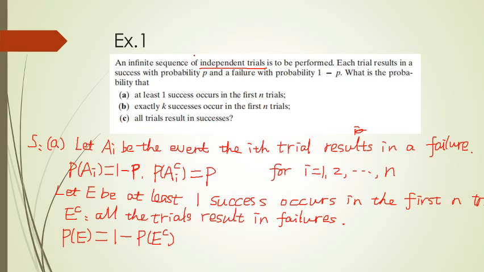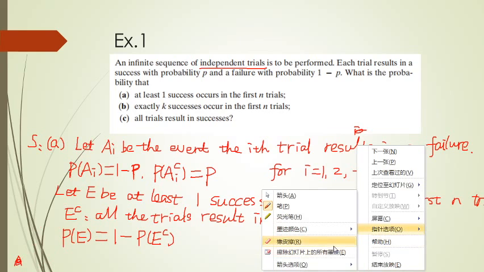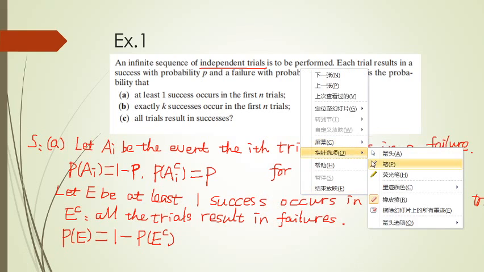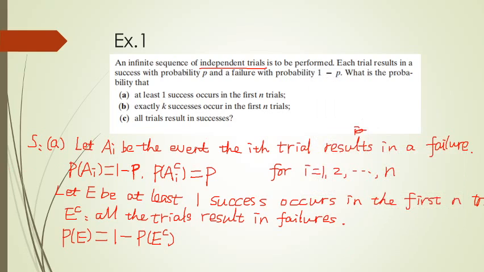So that means we need to find the probability all the trials are failures. So here we have n trials, all failures. Let me write it in this way. Let's try to understand the independence here, okay? So we have the n trials: 1, 2, 3, the ith trial, and then the nth trial.